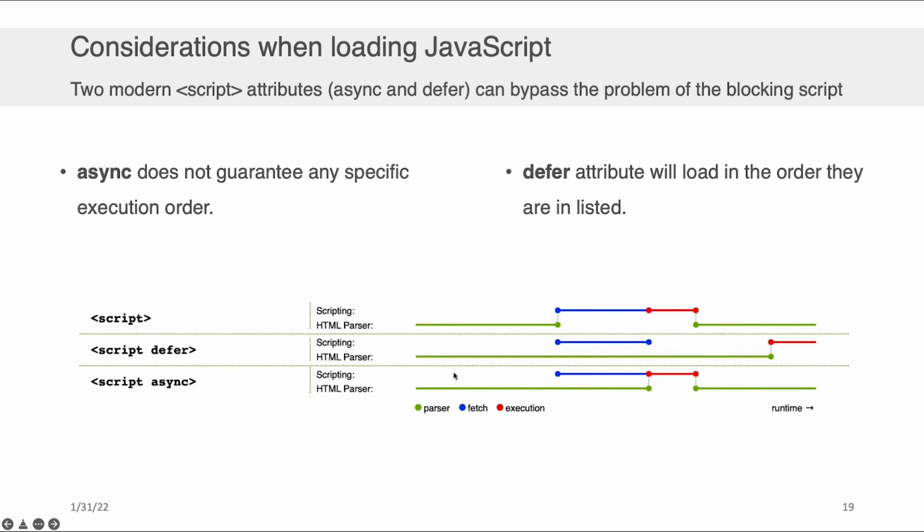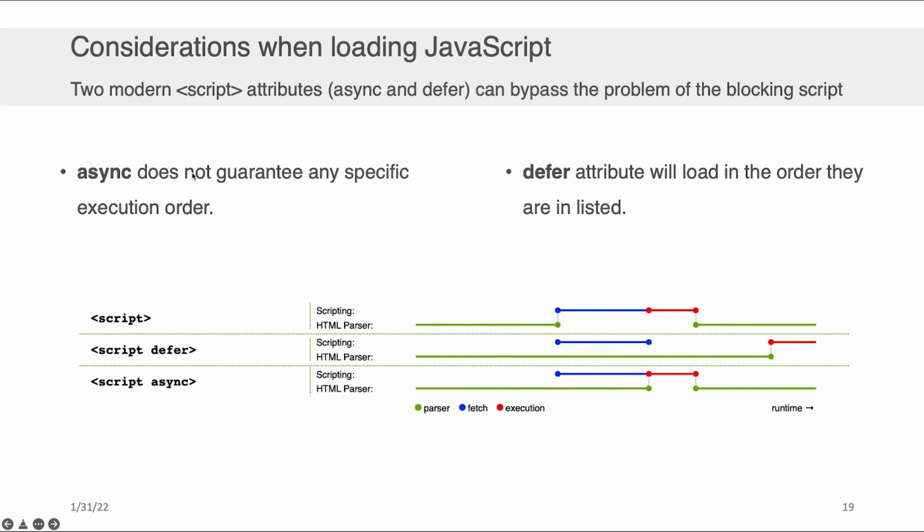And I sort of lied to you when I said you should always use defer, because there are circumstances where you may not want to use defer, but instead use an attribute called async. It really depends on whether you need guarantees about the execution order of the scripts that you're calling.